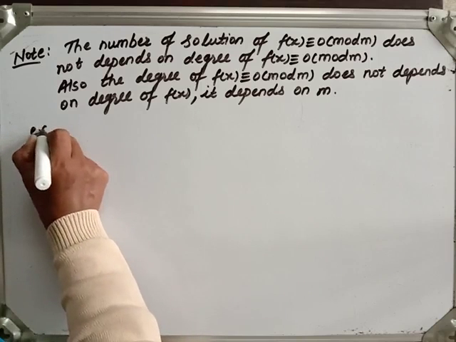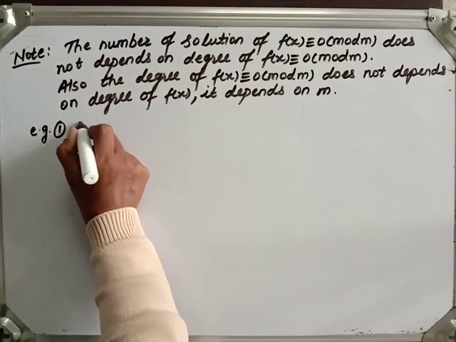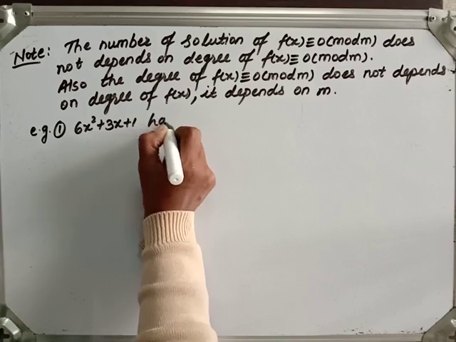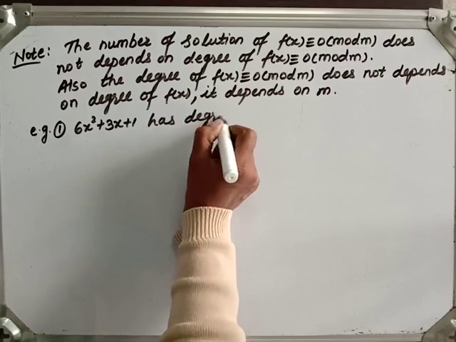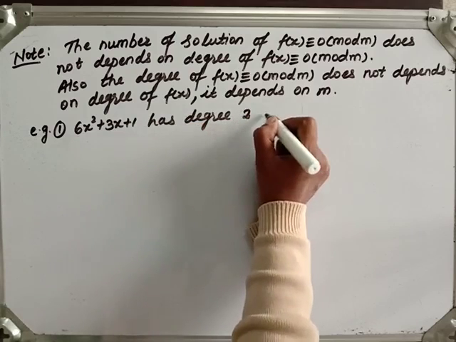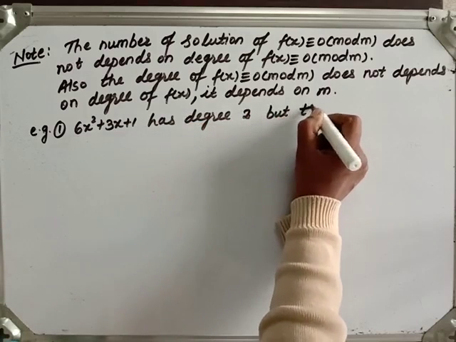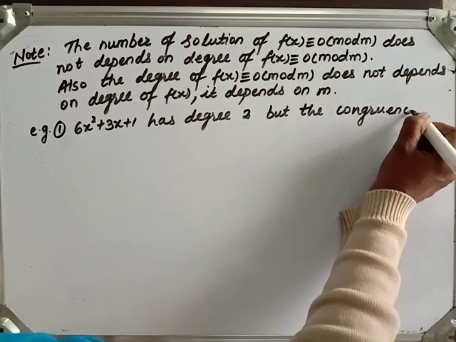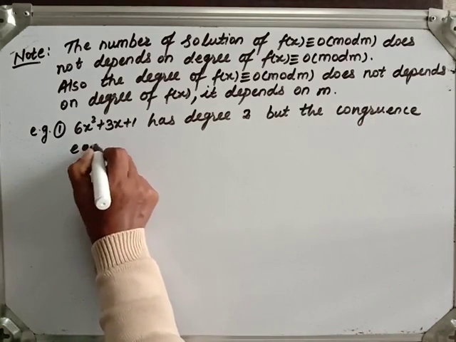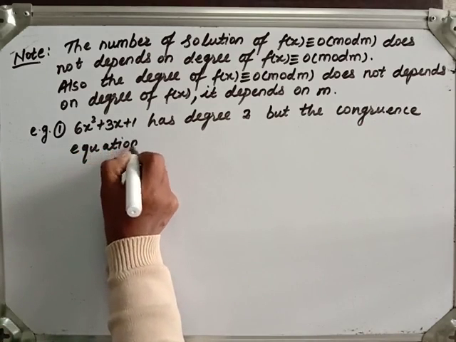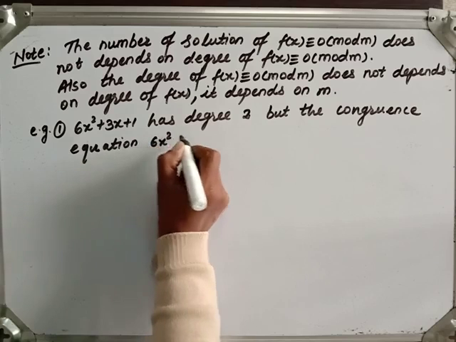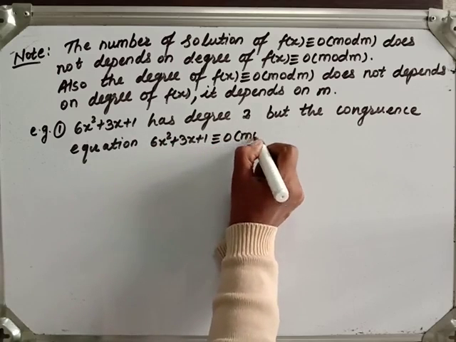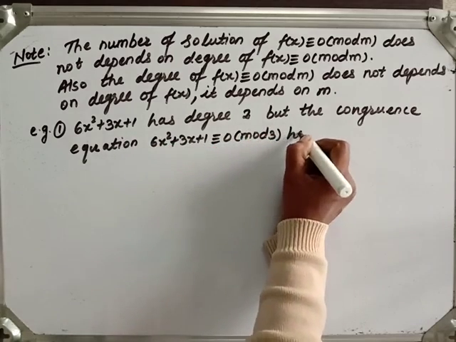For example, 6x square plus 3x plus 1 has degree 2. The polynomial has degree 2, but the congruence equation 6x square plus 3x plus 1 congruent to 0 modulo 3 has degree 0.